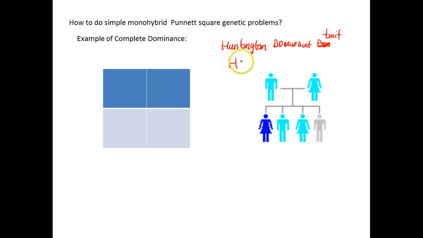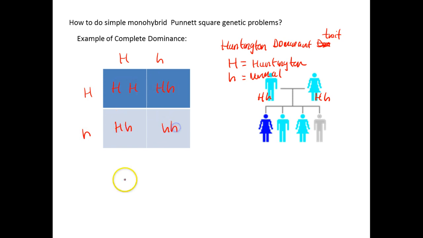So we represent it with big H for Huntington's and small h for normal, or not having the disease. So in this case, let's say both parents are heterozygous, and they both show the disease. If we were to do a Punnett square, you would have a 3 to 1 chance of having the disease.